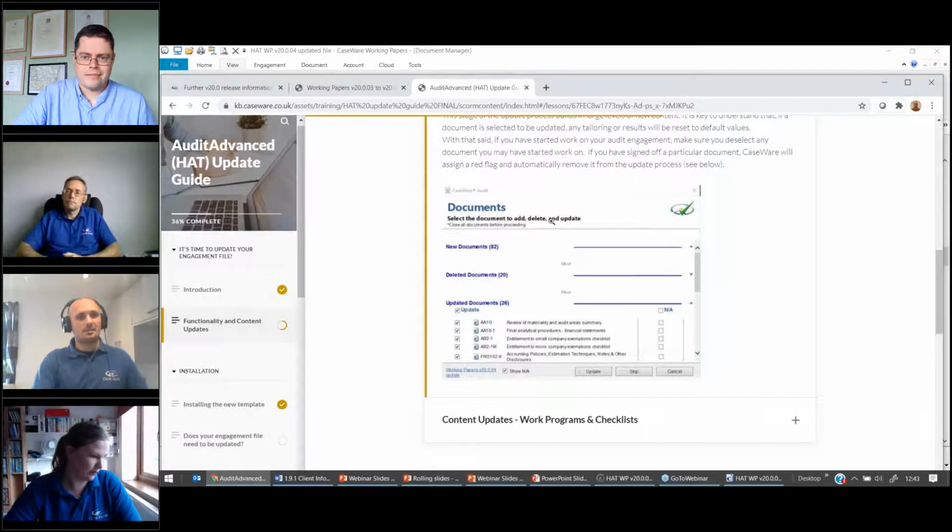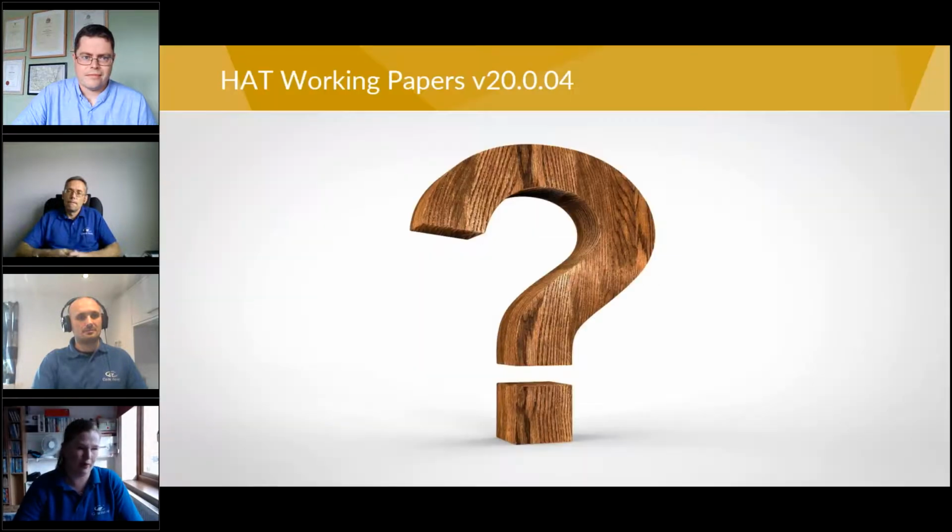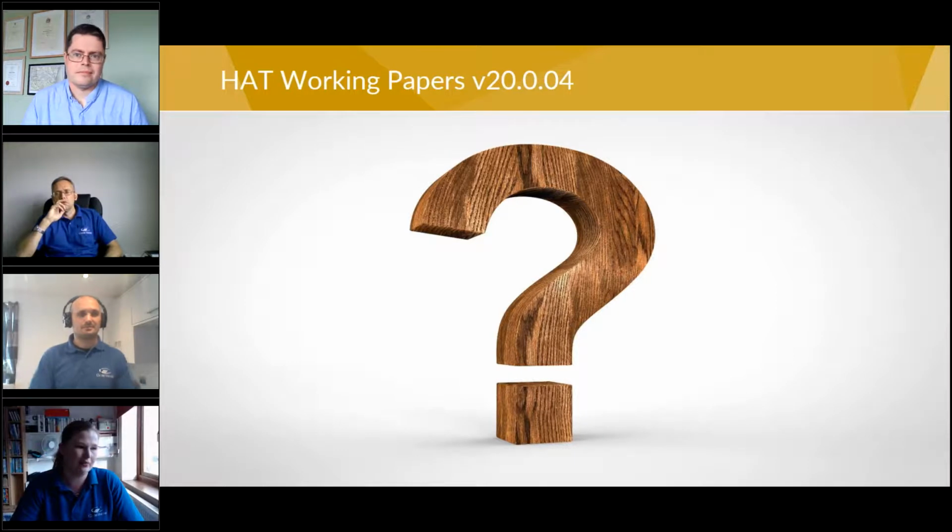Yeah, so we've just had one come in from Pete, who's attending, but we might have to look into this a little bit further offline. His question is, it doesn't allow me to update to the new version. What do I need to do? I don't know if there's anything offhand that you can think of, but we might have to investigate that a bit further.